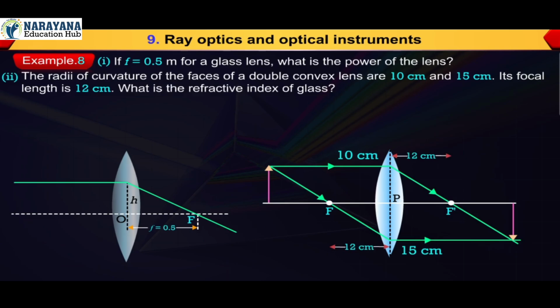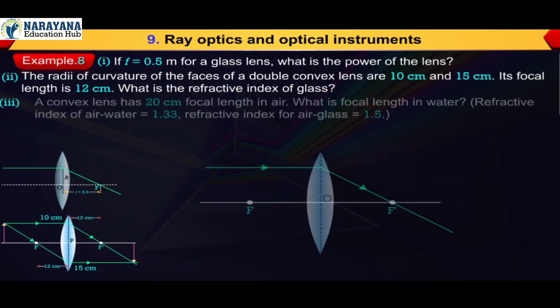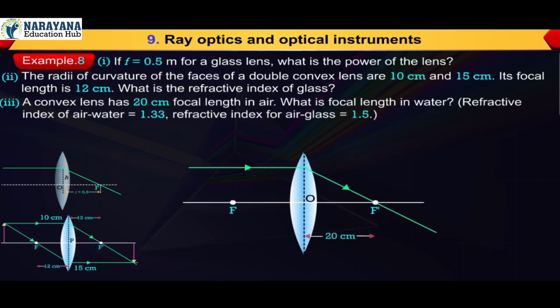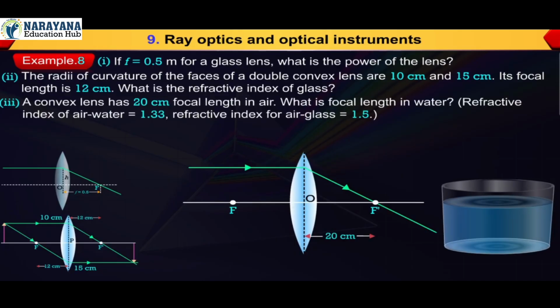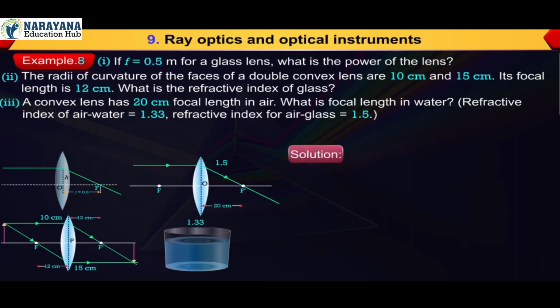What is the refractive index of glass? 3. A convex lens has 20 cm focal length in air. What is focal length in water? Where refractive index of air-water is equal to 1.33. Refractive index for air-glass is equal to 1.5.